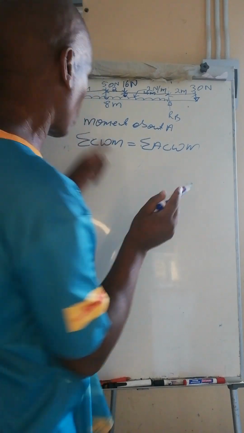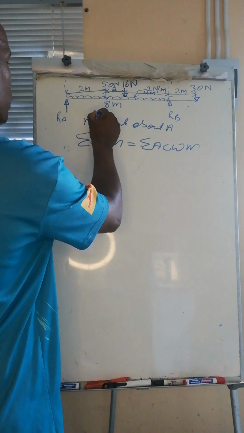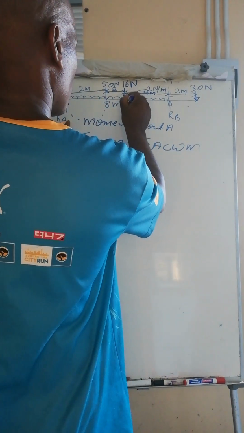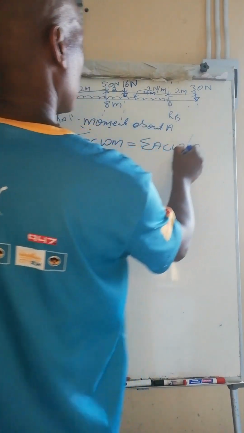Now we start with the clockwise ones, like a clock. I started with the one nearest to this point, then this one, and then of course this one.